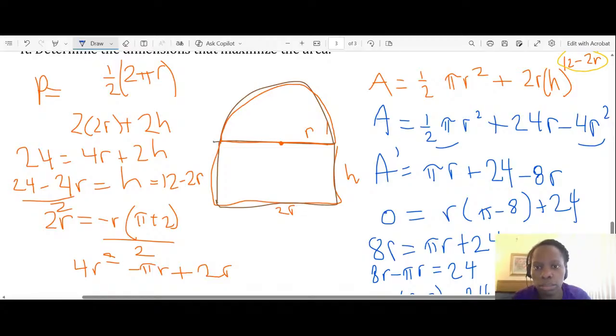Anyway, so the H is about 3.36. And R is, wait, what?